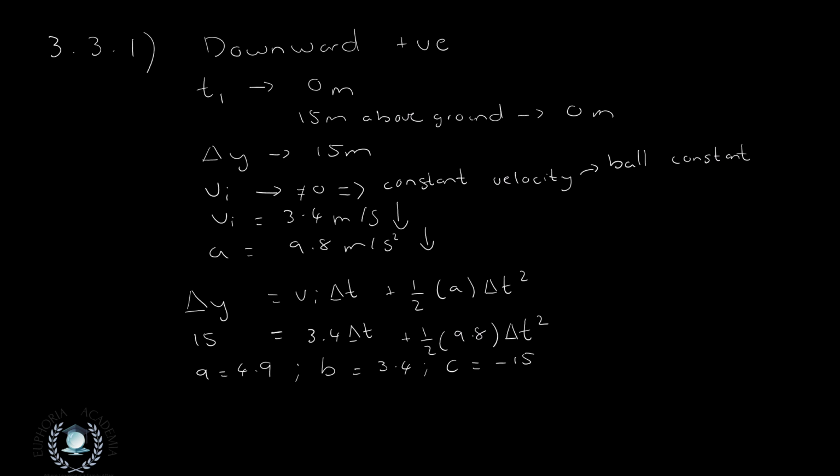And you're just going to substitute it into this formula, where minus b plus or minus the square root of b squared minus 4ac, divided by 2a. And once you substitute these values into that equation, take the positive, because you cannot have negative time, really. This thing is not going back in time. And we will find that t will be equal to 1.44 seconds.